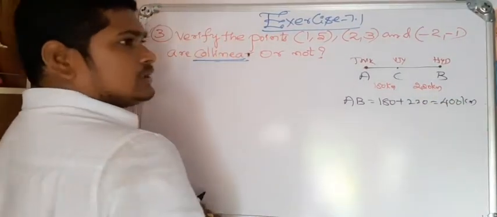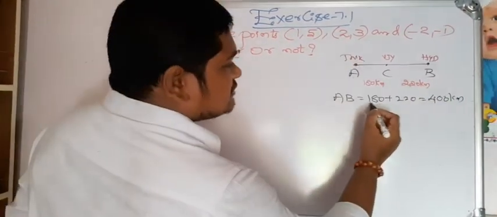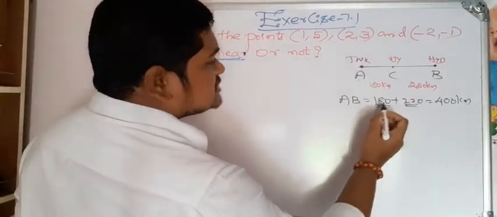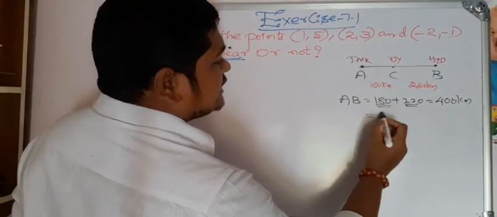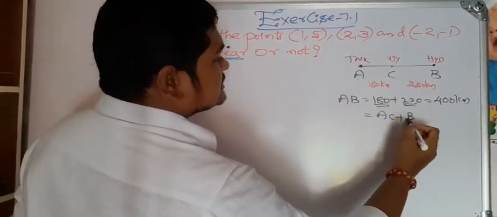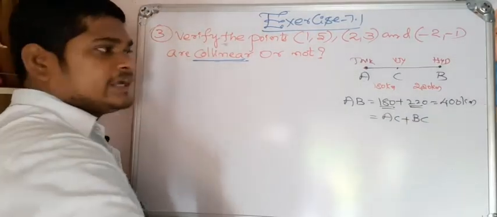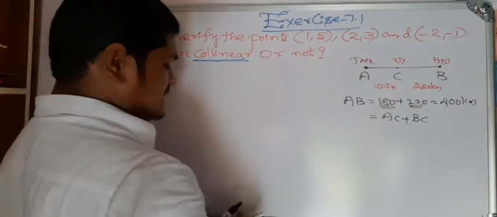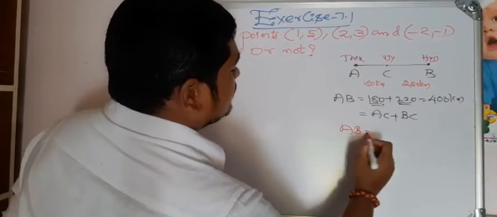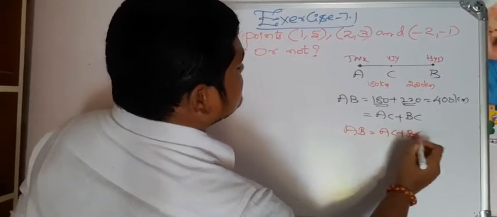Now how are we finding this? This is 180 plus 220. 180 kilometers is the distance between A and C, which we write as AC, plus the next one, BC. So AB is equal to AC plus BC.